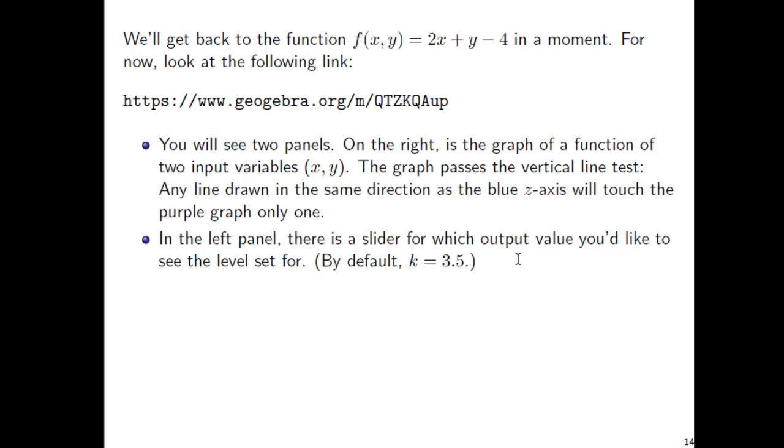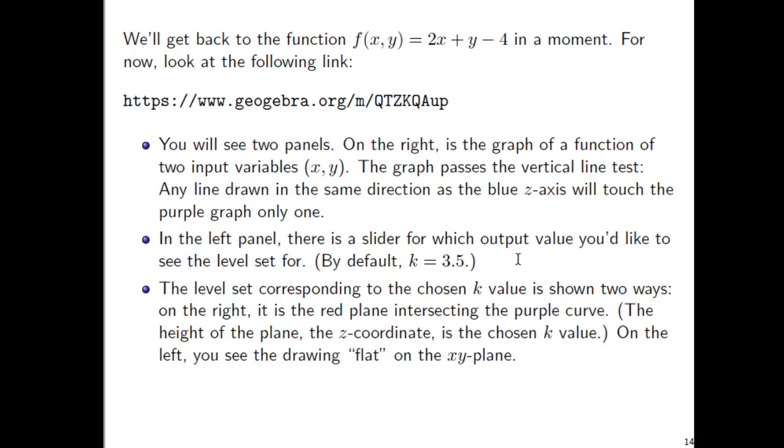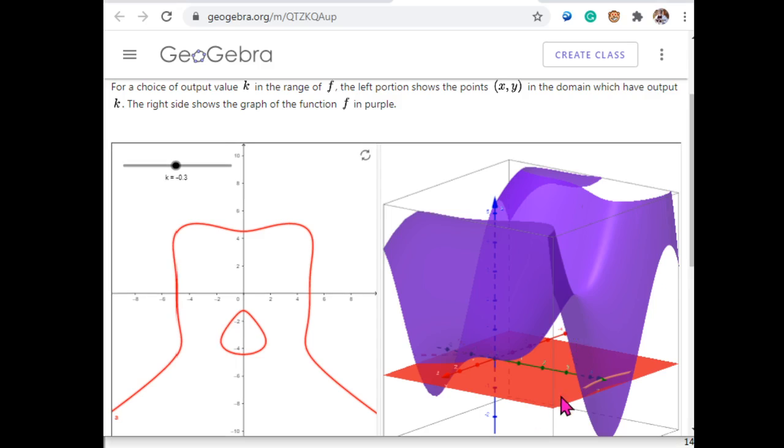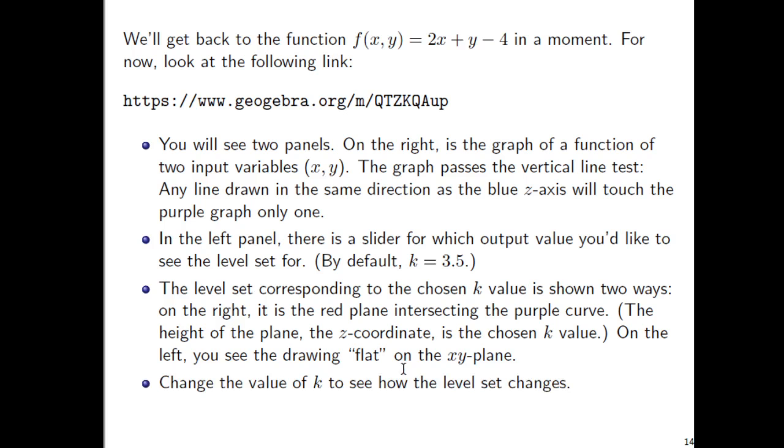And in the left panel, there's a slider for which output you'd like to see the level set for. The level set corresponding to a specific value of k, it's shown two ways, right? So we saw that intersection of the red horizontal plane. It's horizontal because it's z equals a number intersecting the purple curve. And on the left, we saw that drawing flat, right? It's just like which parts of this red plane are touching the purple. That's what's shown in red on the left. And you change the value of k to see a different level set.